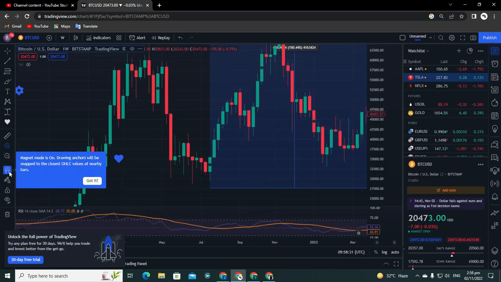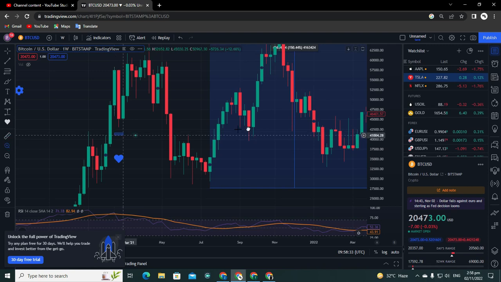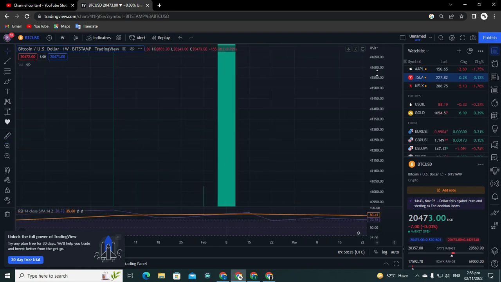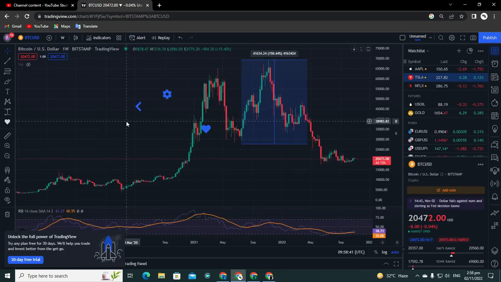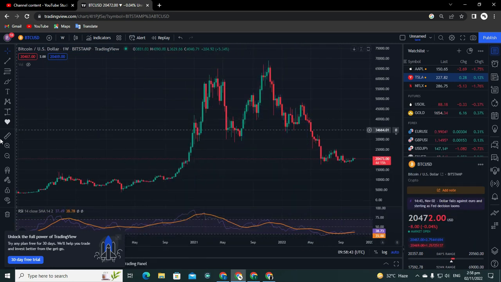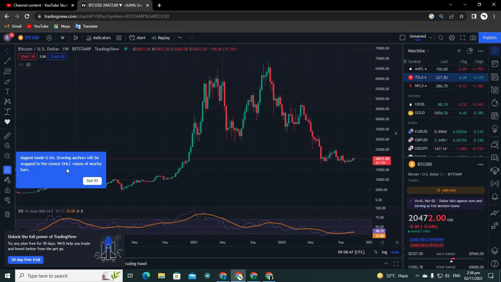Oh, I think I was using a zoom point mistakenly. I wasn't supposed to do this. Let's reset the chart, clear the drawings. Here is magnet, weak magnet. Magnet mode is on. Drawing anchor will be snapped to the closest OHLC value of nearby bars.